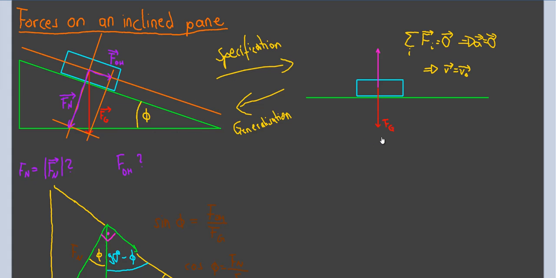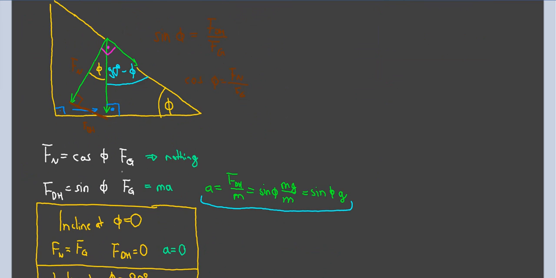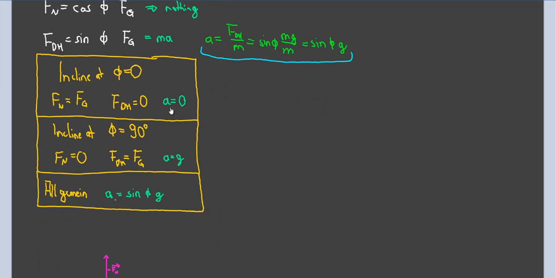And then we looked at these components, the normal and the downhill force. The normal force does nothing at first if we don't have friction, and our downhill force is just going to be equal to m times a. By that we can derive a formula for acceleration, which is just going to be sine of phi times g.